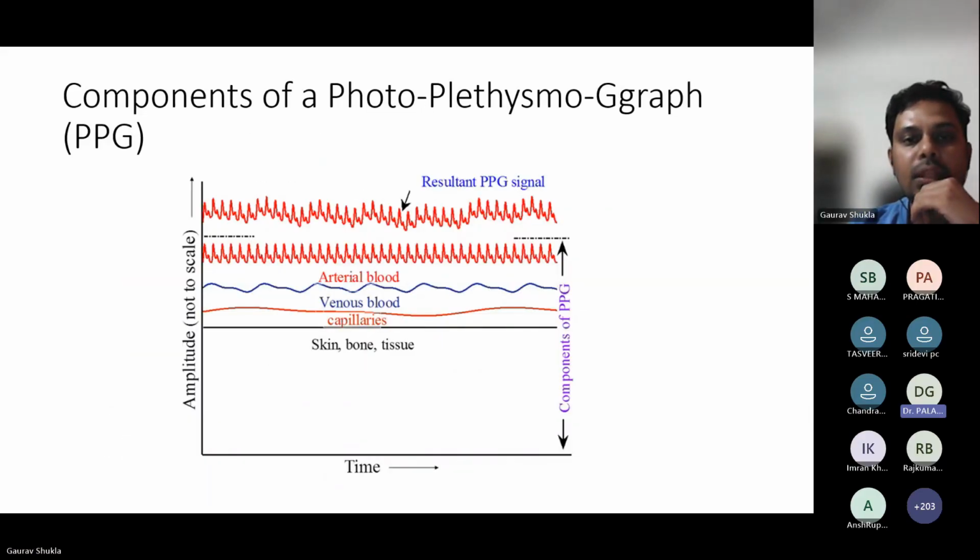There are various components in the skin tissue of a user. When light illuminates a specific portion of the skin, there are different portions which absorb the light, and the absorbed light at the detector will be a combination of all these components.